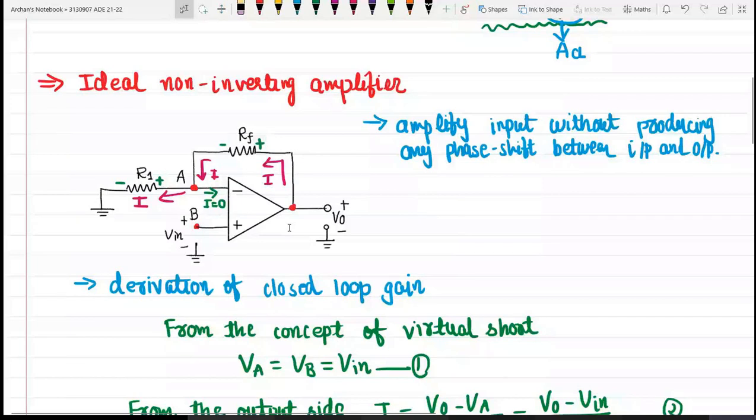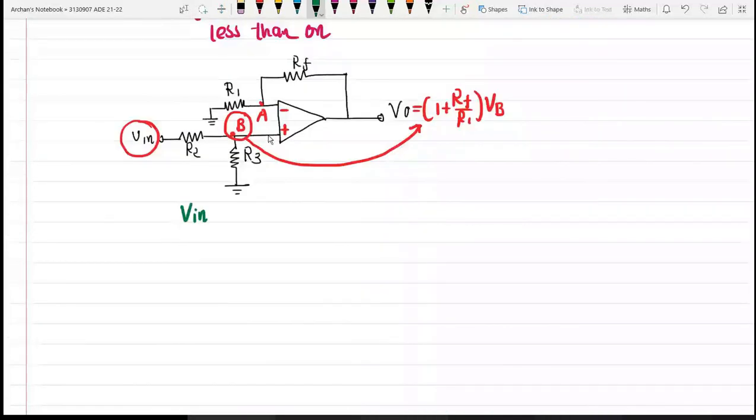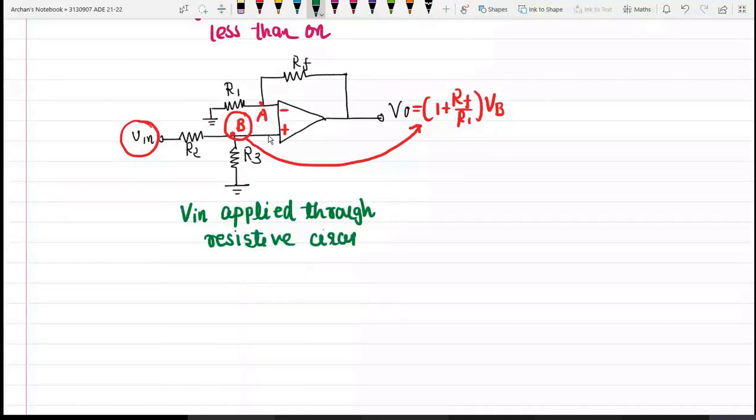Okay, here we are applying V in through a resistive circuit. Okay, so we need to consider this. So now according to our understanding, what should be the V0?